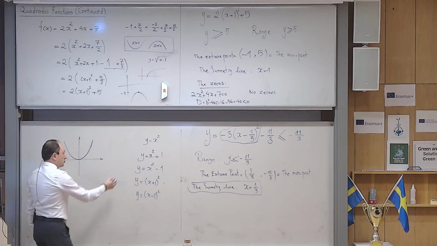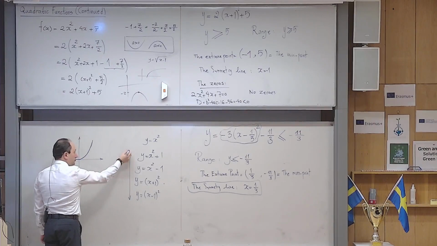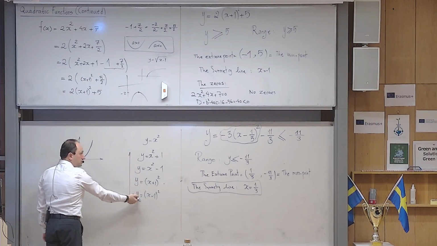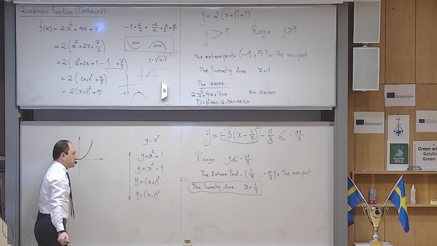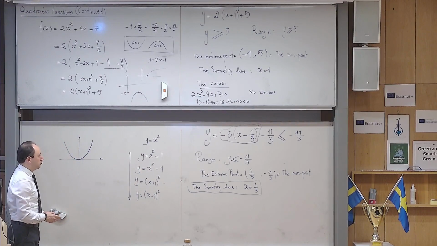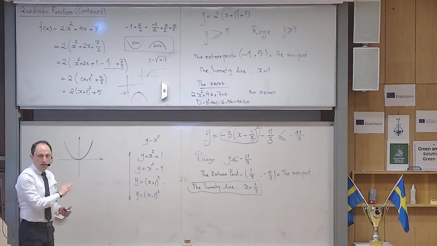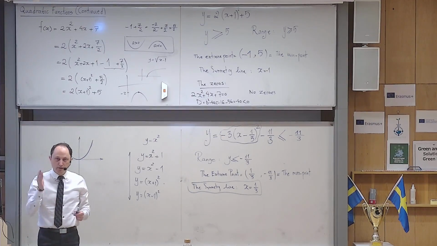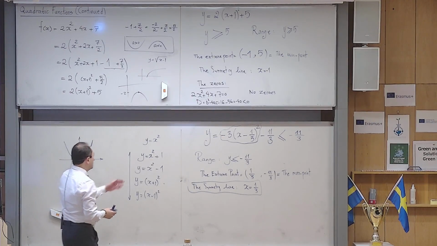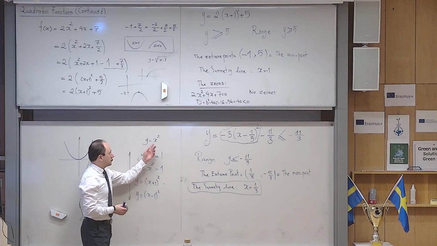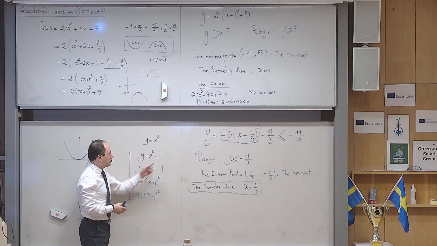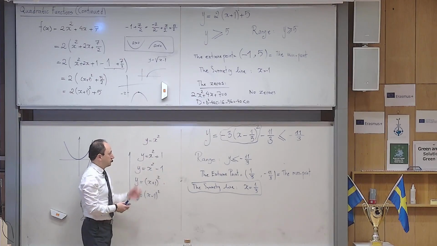This is important. I want you to understand the relation between the graph of these new functions and the graph of the function that you already have. By the way, what I am talking about is not related to this function. It is completely generic. If you have the graph of any function, what happens if you add one unit to the function?